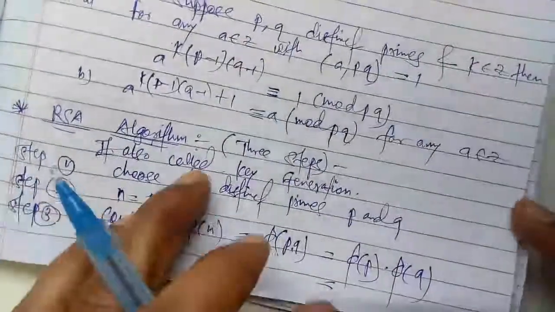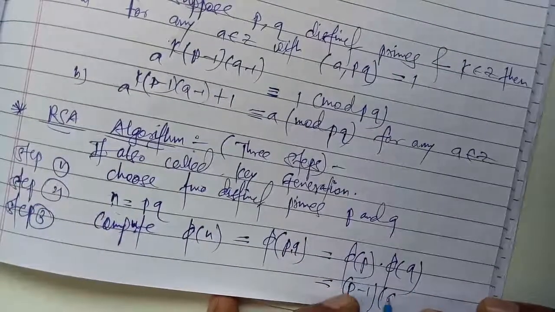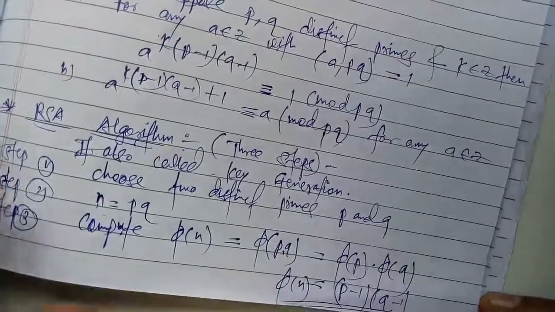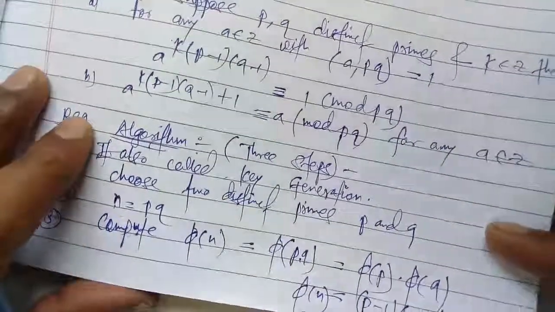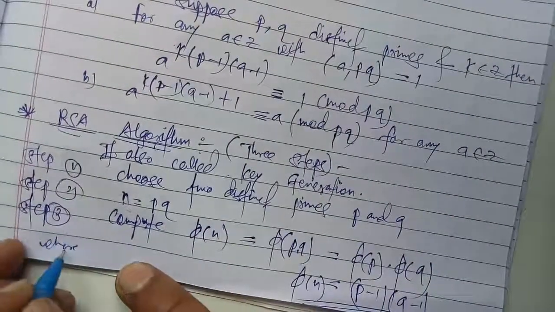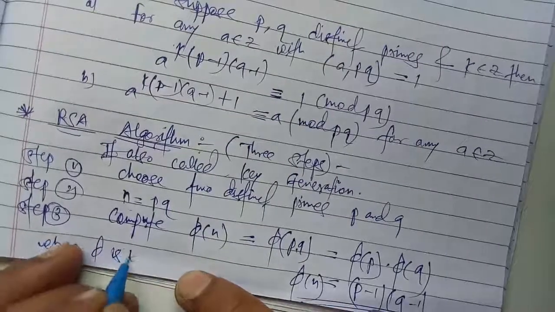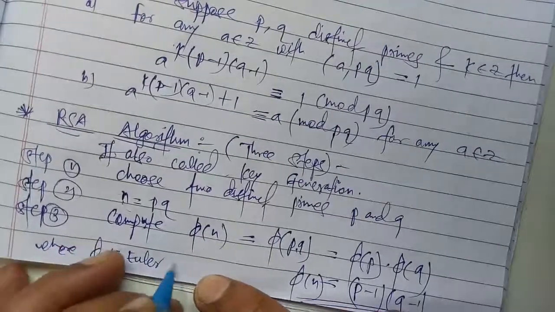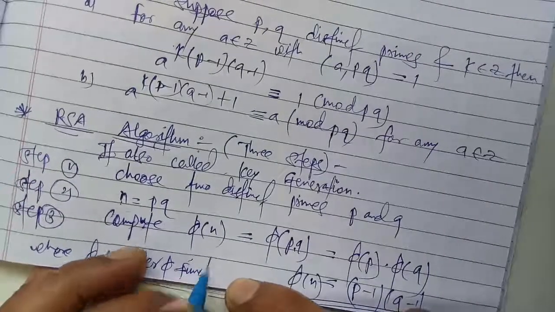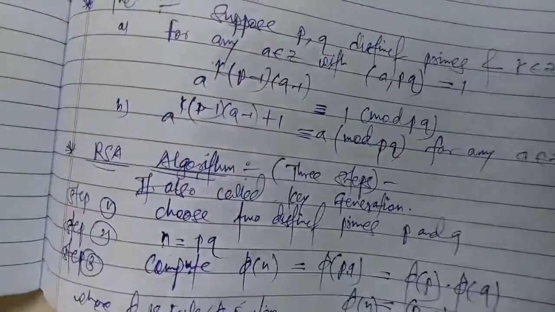P and q are prime numbers, therefore phi p is p minus 1, and phi q is q minus 1. That is your value of phi n. This is your third step, where phi is your Euler phi function.